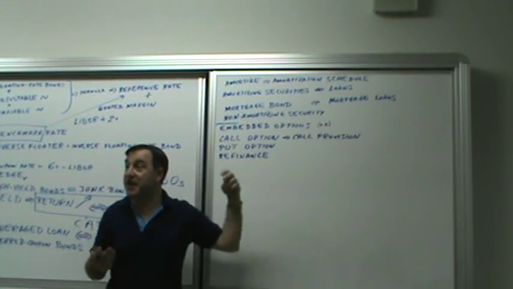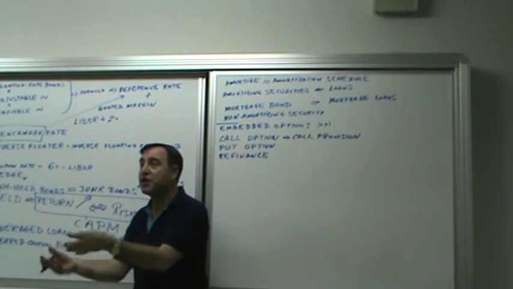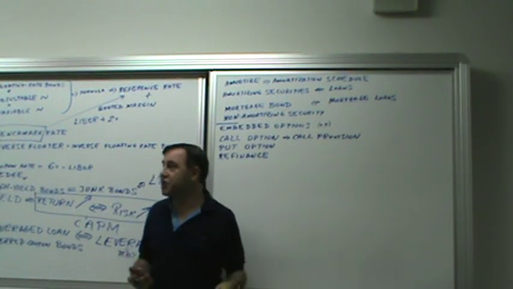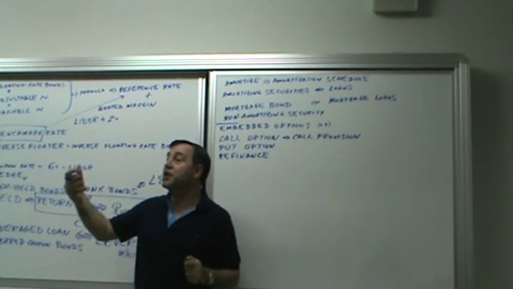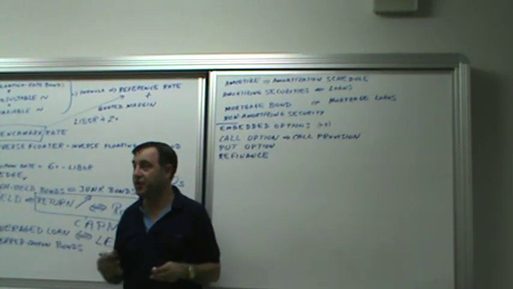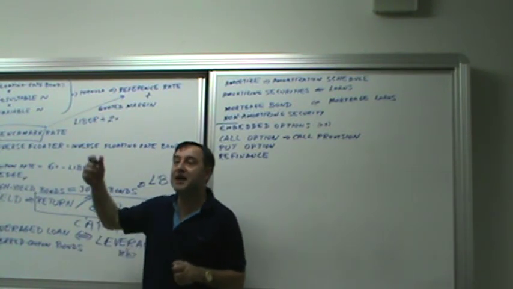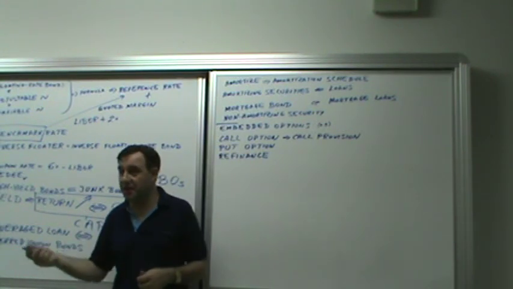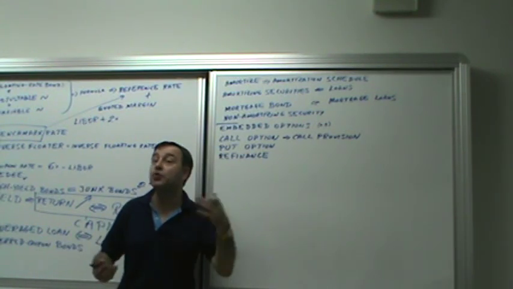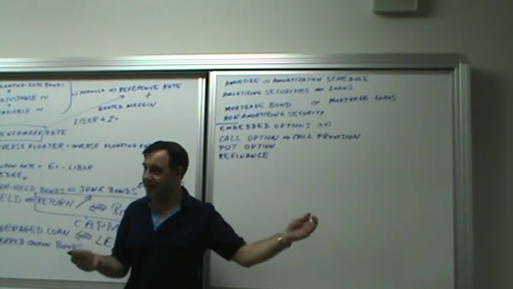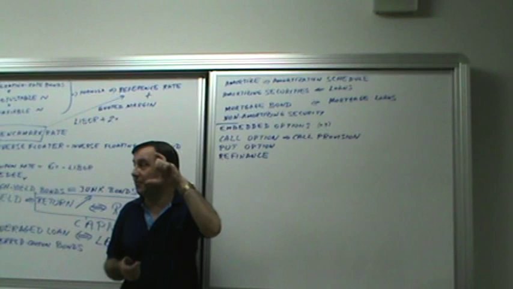So for bonds it means you issue a new bond to pay back the old one. Well, in a call provision, this means you can issue a new bond earlier, before maturity. So even though it matures after 5 years, you issue a new bond now, you pay 3%, and you retire the old bond that was paying 7%. And you save yourself the 4%.